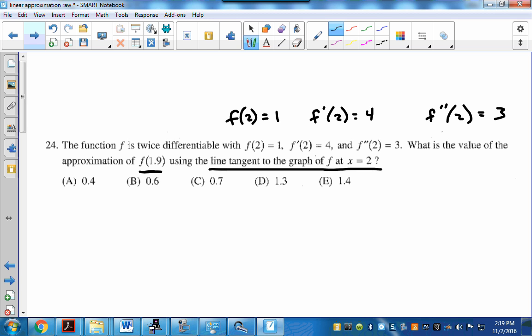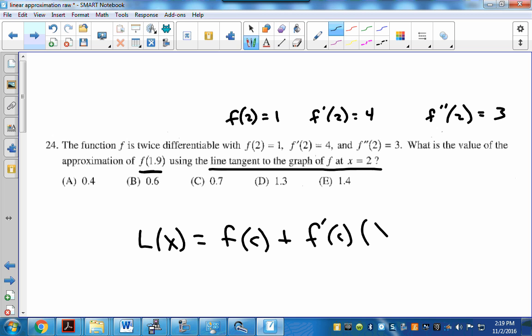So let's see. The line is supposed to be a y value, f of c. And then it's supposed to have a slope times x minus c. So if we use the information that we have here, L of x is equal to 1. That's the y value. Slope, 4.